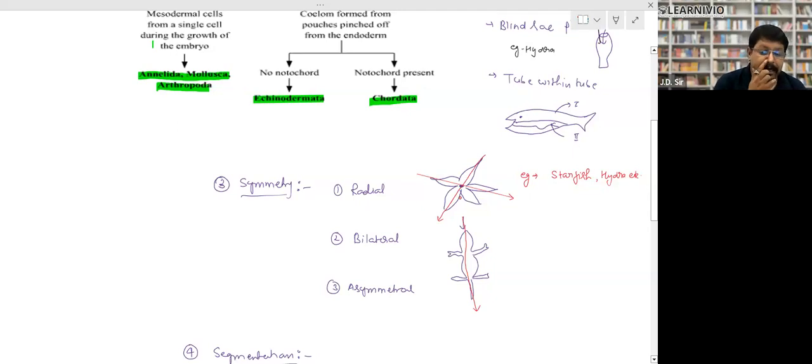Next is bilateral symmetry. In this type of symmetry, the body can be divided into two equal halves by a single plane.